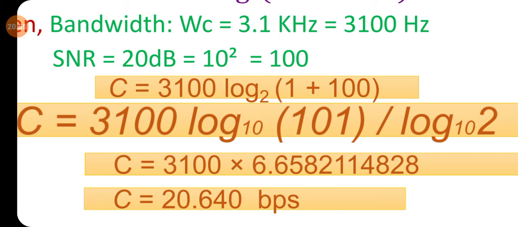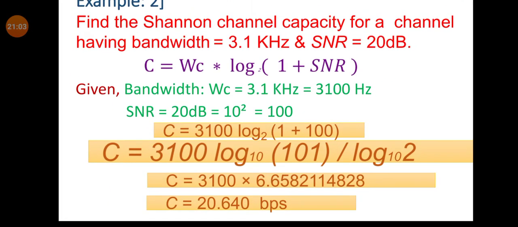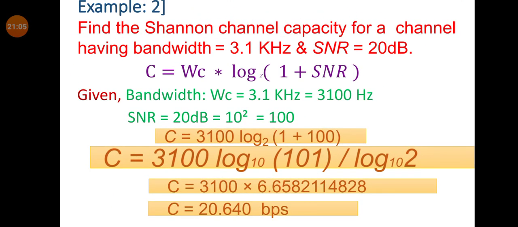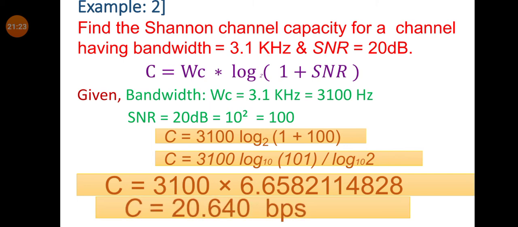Always log 2 value only. Clear? Okay. Then, by using the logarithmic table, we can identify the value of log 101 divided by log 2 of the base 10 as 6.6582 some digits.